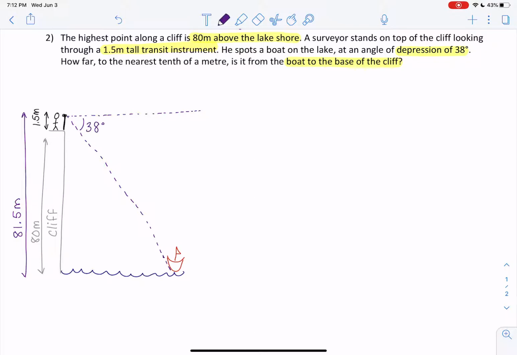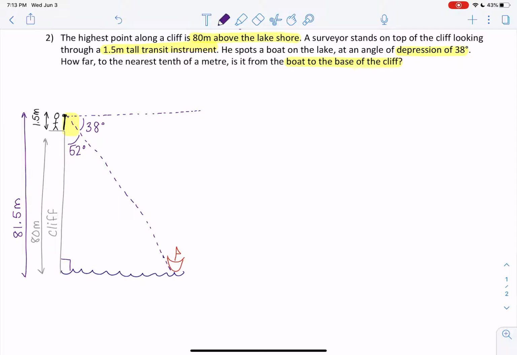Now, in order to find the distance, we need the angle inside the triangle. So this whole thing here is a 90-degree angle. So we've used up 38 degrees of that 90. So to find the other, we're going to do 90 minus 38. So we're left with 52 degrees in here. Now it's also safe to say that the water makes a 90-degree angle with the cliff.